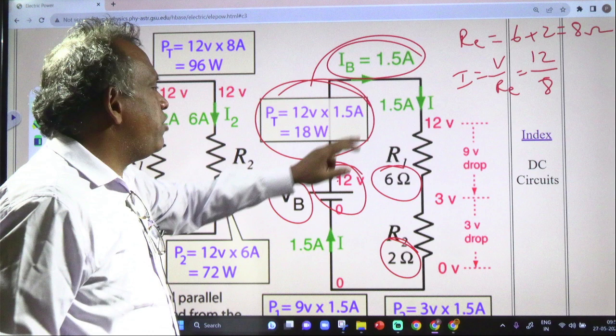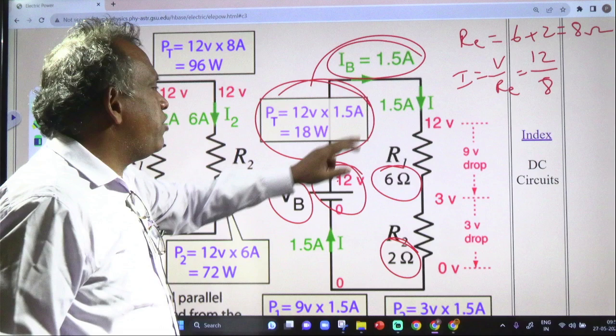Current is 1.5 amperes, resistance is 6 ohms. 6 into 1.5 is 9 volts. So the voltage drop across the first resistor is 9 volts. Similarly, the voltage across the second resistor is, out of 12, 9 is gone, so 12 minus 9 becomes 3. So 9 volts here and 3 volts here. This is the voltage distribution.